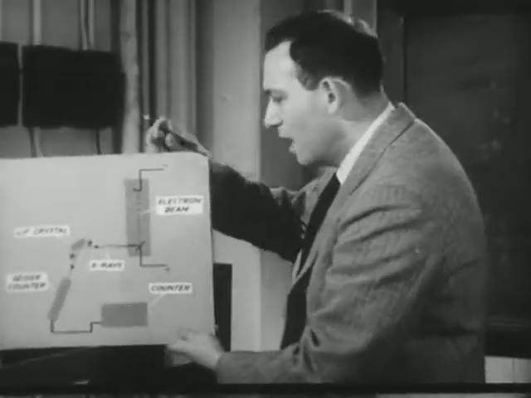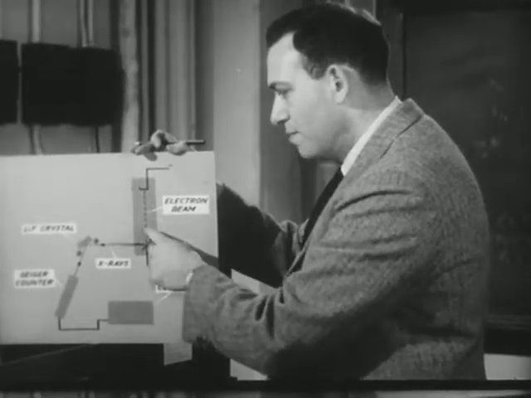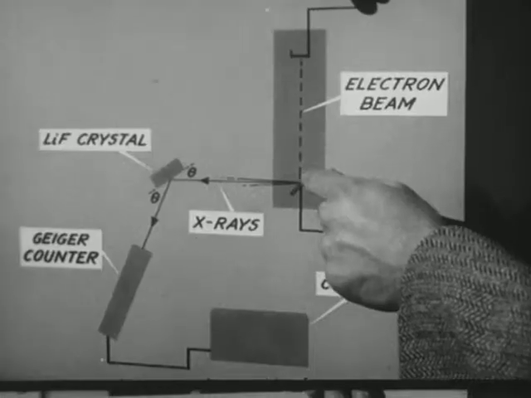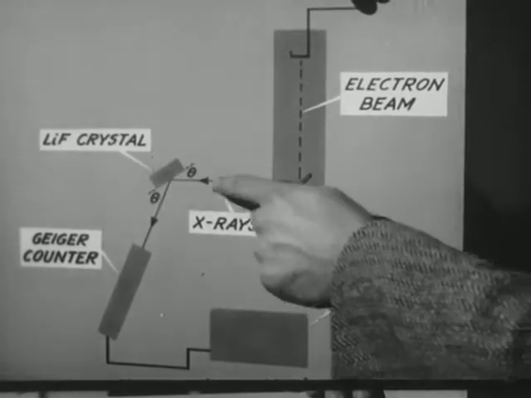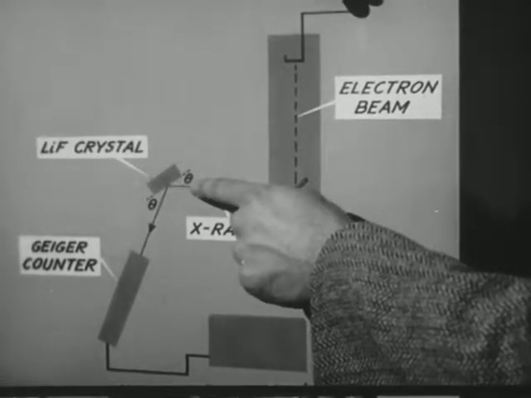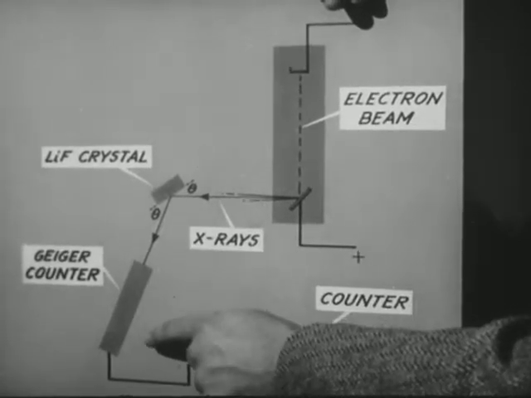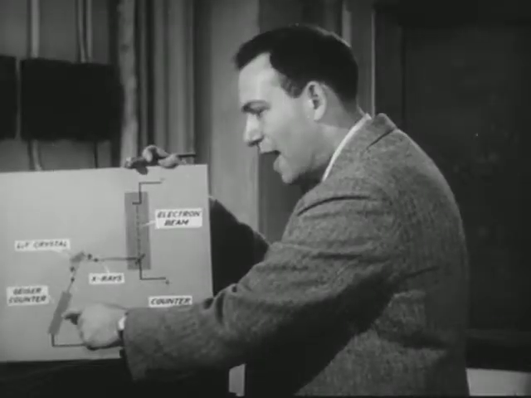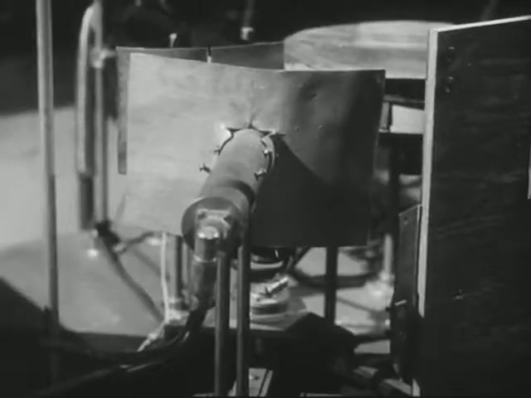We can see the entire experiment on this diagram. The electron beam in the X-ray tube hits the anode, and X-rays are emitted. They strike the crystal at an angle theta, leave at the same angle, and enter a Geiger counter detector. The output of the Geiger counter is put on an electronic counter.